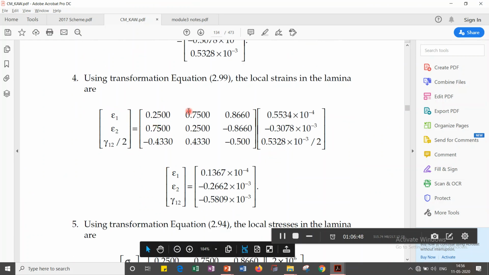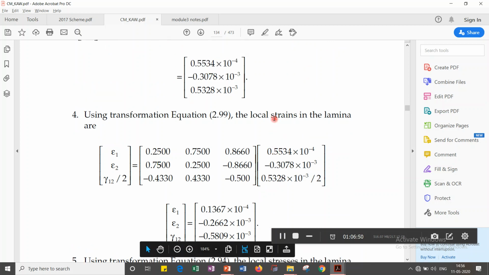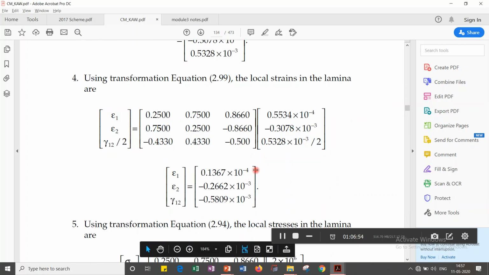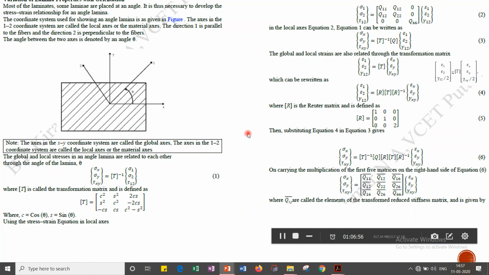We already calculated this, so for your convenience, if you adopt this equation, it will be easier to calculate the local strains, because the only thing is it should be divided by 2.